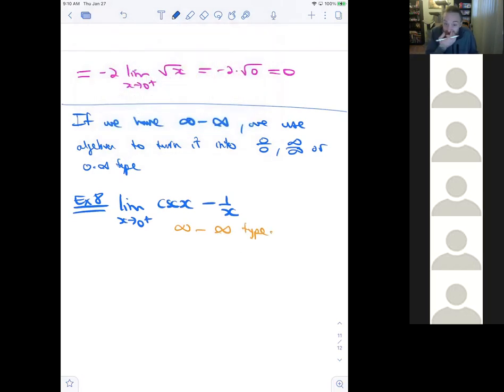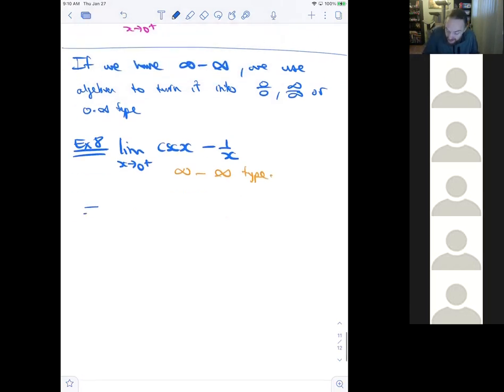What I want to do is turn everything into sine and cos. This is equal to the limit as x approaches 0 plus. How do I use algebra? Well, I have a fraction here. The other one's also a fraction. It turns out this is 1 over sine x minus 1 over x. I want to get a common denominator.